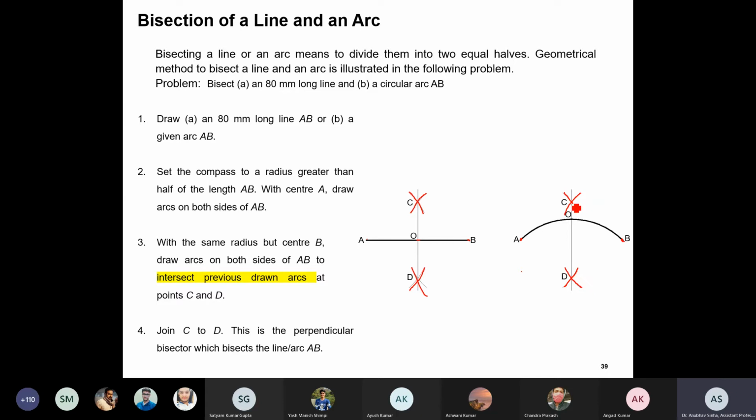Just join the intersection points C and D. You will get two equal sections, AO and OB. When I write like this, I say that these two are equal. So this is one of the simplest examples, bisection of a line or arc.